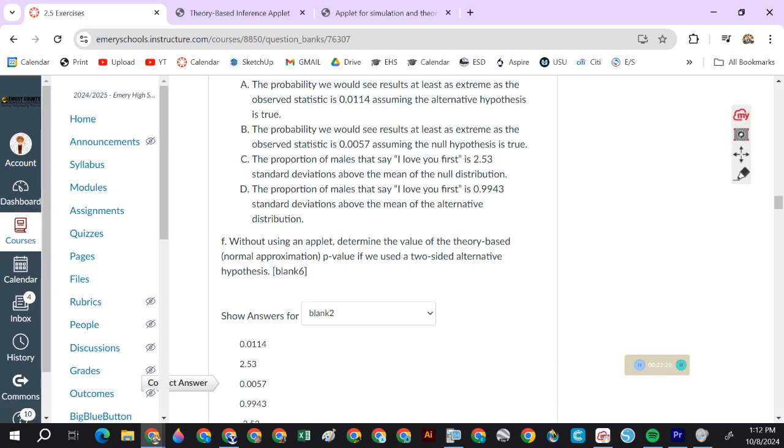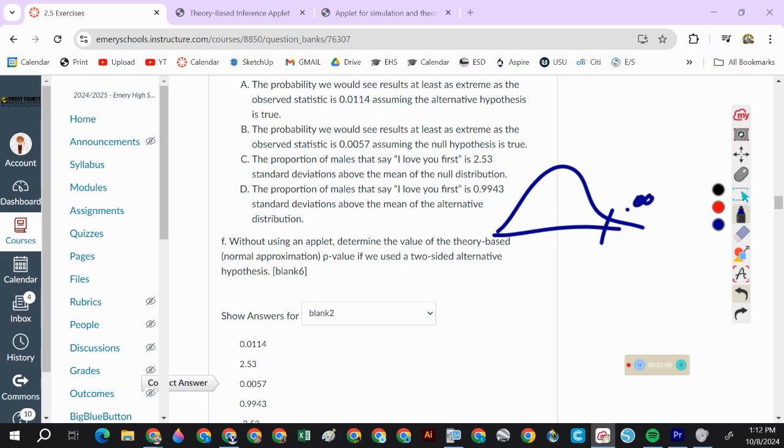Without using an applet, determine the value of the theory-based normal approximation p-value if we use a two-sided alternative hypothesis. What is that going to do if, instead of saying greater than, we said not equal to? It's just going to double it, right? So our p-value on the right side is 0.0057.